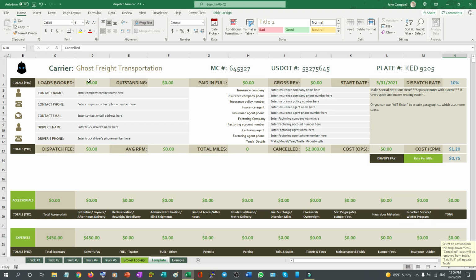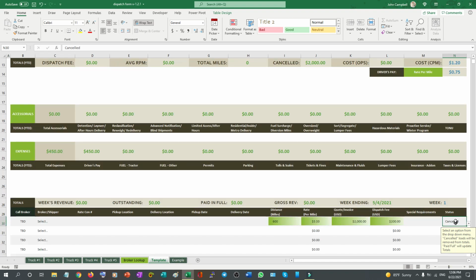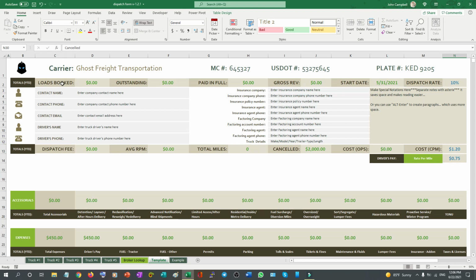So the loads booked will always be an accurate representation of the loads that you've actually transported, because it will always subtract loads that are cancelled along the way, right? And the $2,000 has moved from loads booked to the cancelled, right? And there's a formula that is basically telling the sheet that once a load is cancelled here, subtract it from here and add it here, right?